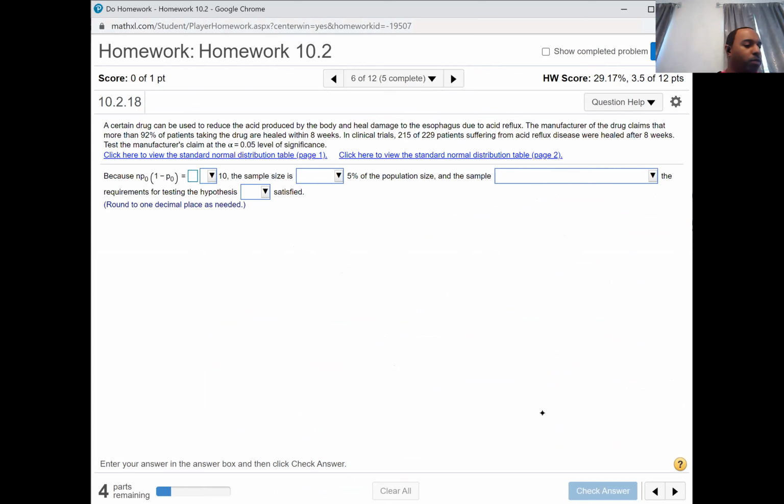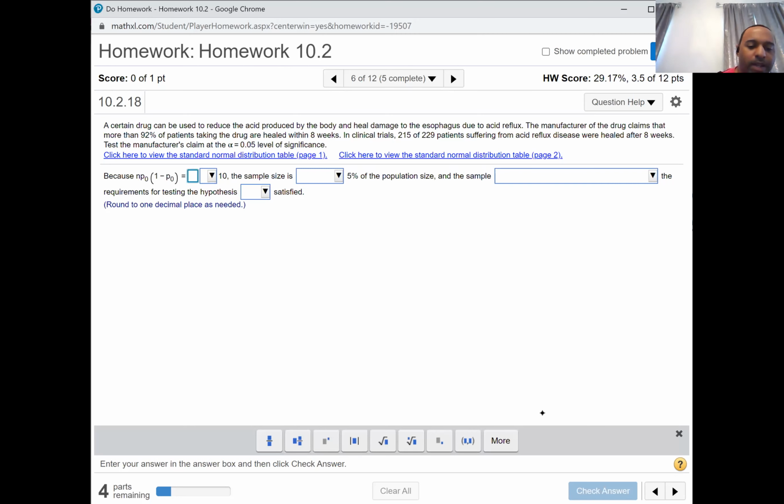So we have 229 times 0.92 times 0.08. Now be careful here. Notice it says round to 1 decimal place. That got me last class because I was trying to leave my 2 decimal places in there. This one ended up being 16.9.